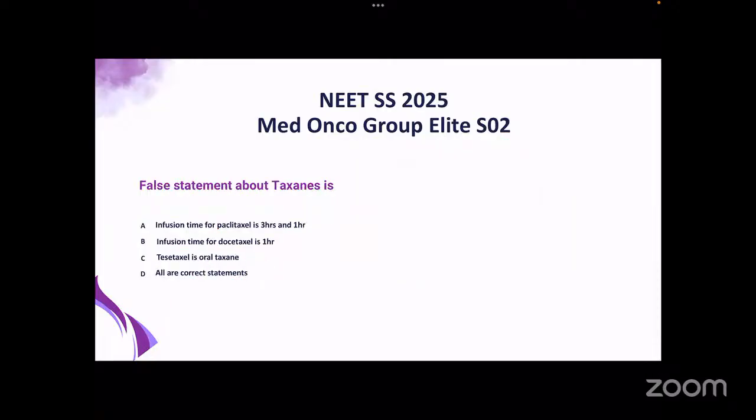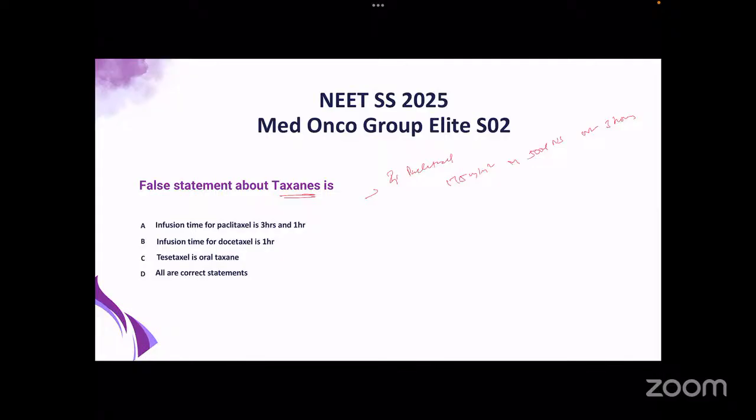False statement about taxanes. Again, paclitaxel is a very commonly used chemotherapy drug. You need to know the ins and outs of the drug. So when you write the order, you write injection paclitaxel 175 mg per meter square in 500 ml normal saline over 3 hours.